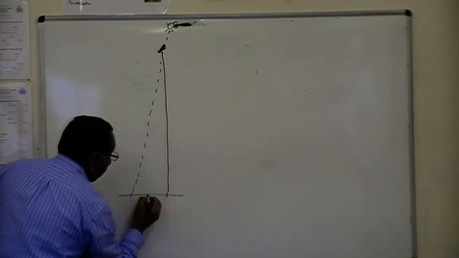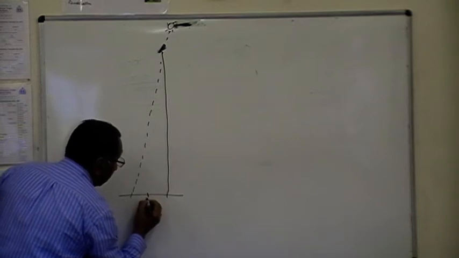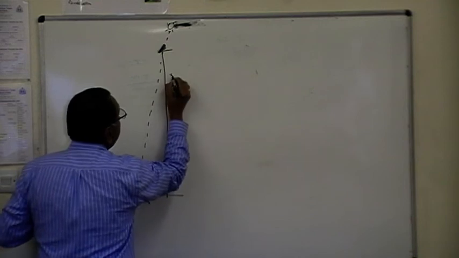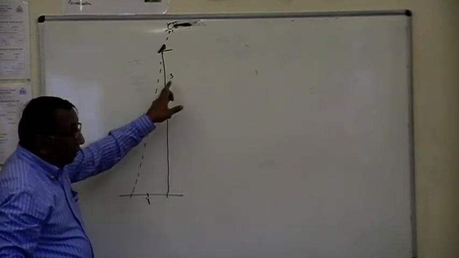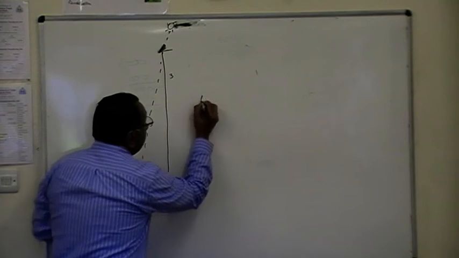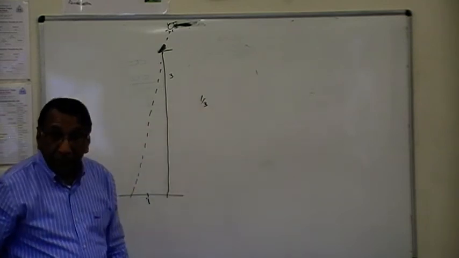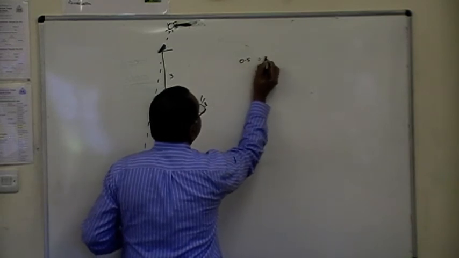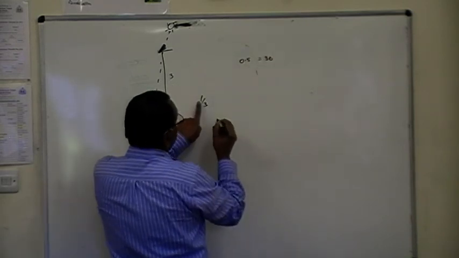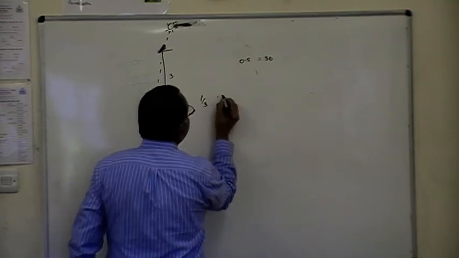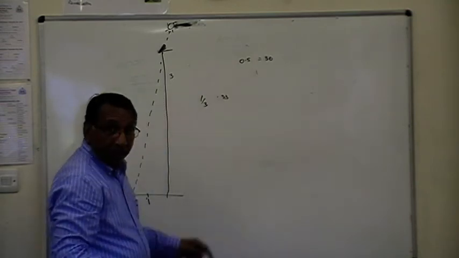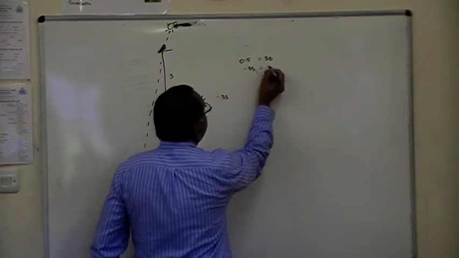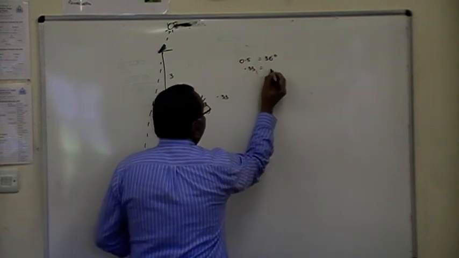So this is the shadow length, say 1. If the height is about 3, then sine of the angle is equal to 1 divided by 3. If it is 0.5 sine, then we get 30 degrees. So 1/3 means 0.33. What will be the degree for 0.33 sine? About 20.